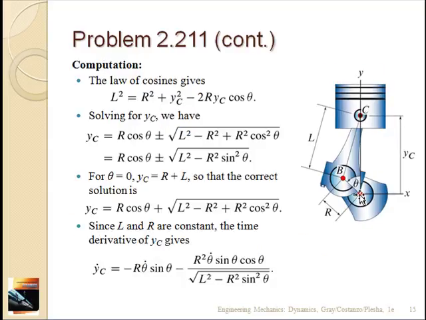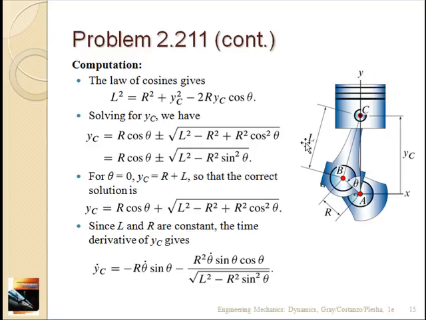We can take this triangle ABC and use the law of cosines. This length squared is this length squared plus this length squared, this length we call YC, minus 2 R YC cosine theta. We can solve this for YC using the quadratic equation.